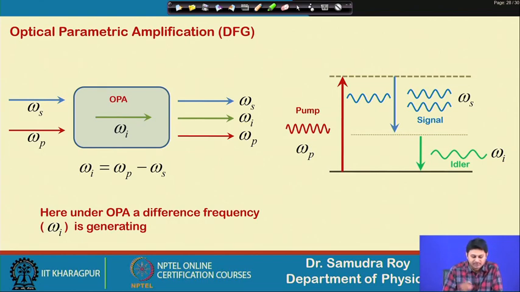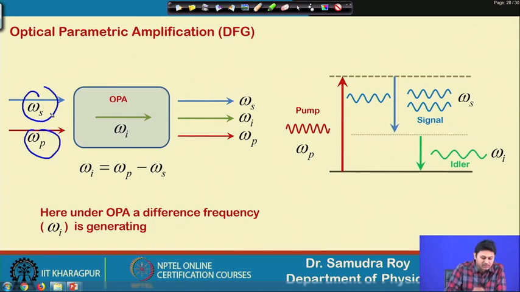Whatever was shown in the previous slide is now shown pictorially here. If I launch two waves, a strong pump, omega p, and a signal, omega s, where omega p is the frequency of the pump, which is a strong wave, and omega s is a signal. Inside this system, under the OPA process or optical parametric amplification process, we can generate another wave of frequency omega I, which is the difference of omega p and omega s.